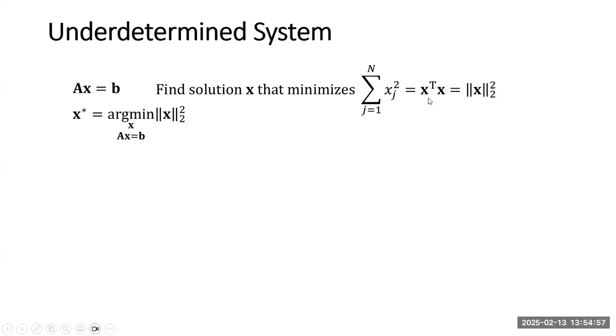In other words, we want to find a solution X such that X transpose X, which is the same thing as the L2 norm squared, is minimized while satisfying Ax equals B. So instead of infinite solutions, we want to find which of those solutions X, which satisfy this, has the smallest length, or the smallest squared length.